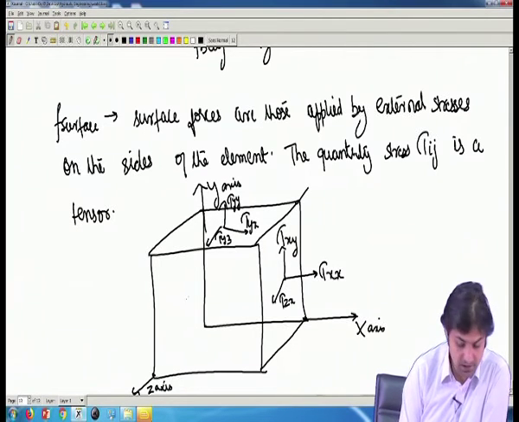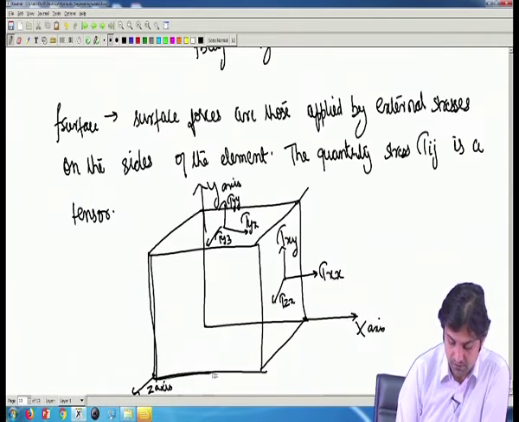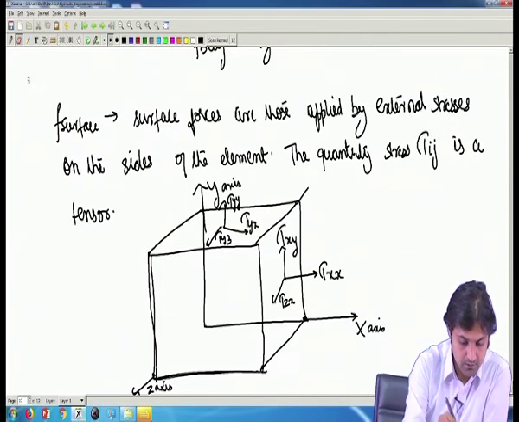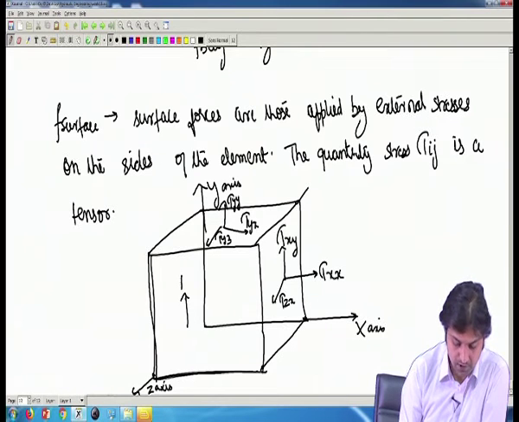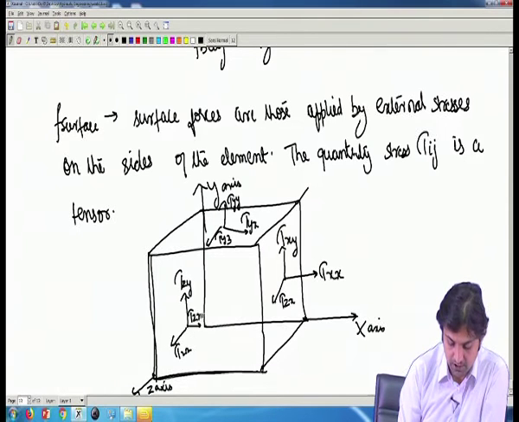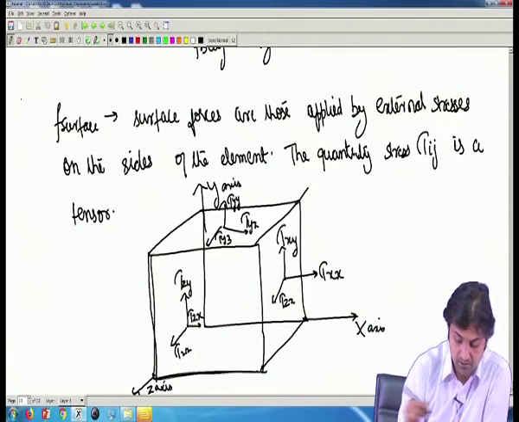If we write on this surface, so on this surface it's going to be tau zy, because this is z surface, tau zz, and this is tau zx because it's in x direction. All right.